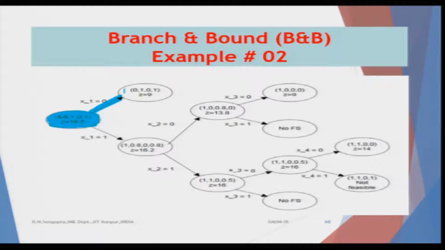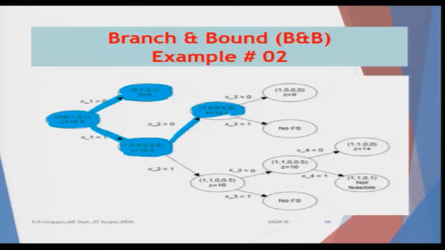So, we have already visited, we have already taken this route, visited. Now, we have taken this route green and we are here. So, we will traverse back and then follow this.